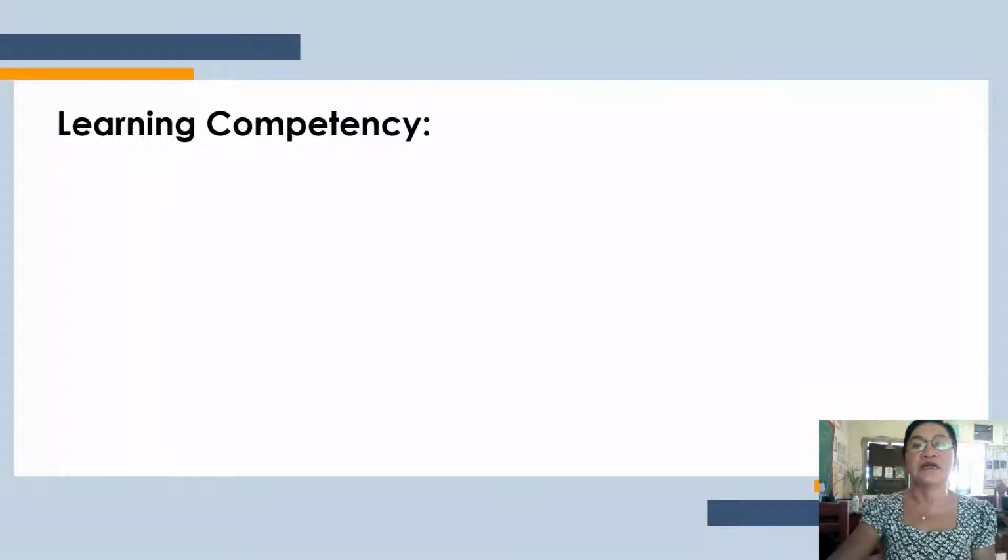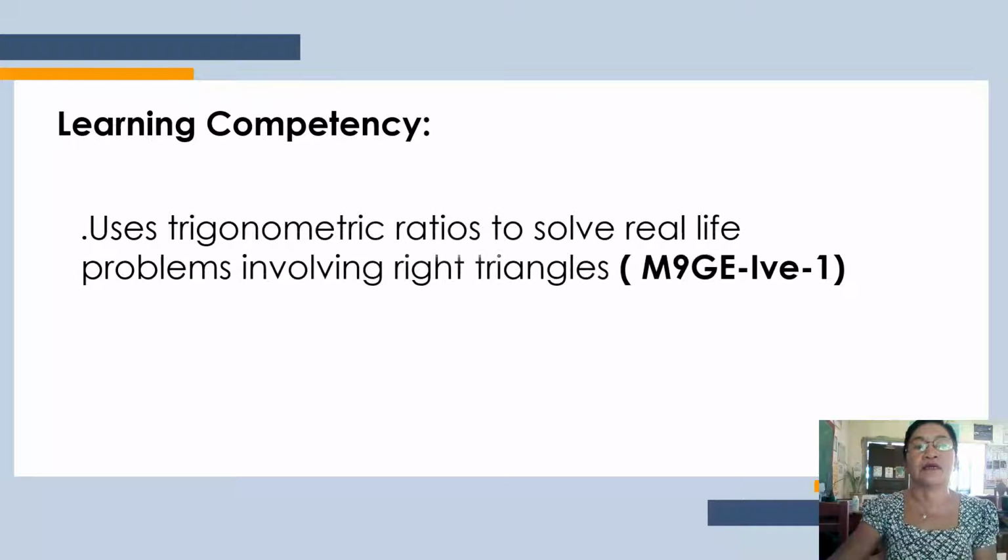Before we start, let us consider the most essential learning competency: uses trigonometric ratios to solve real-life problems involving right triangles. Solving word problems involving right triangles is just like solving your own problems in life.